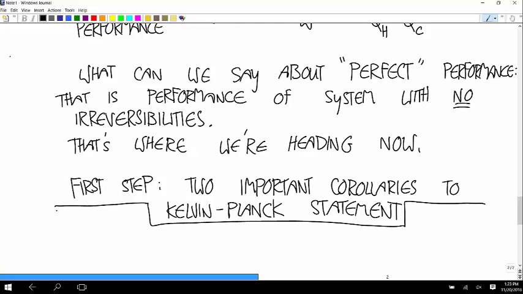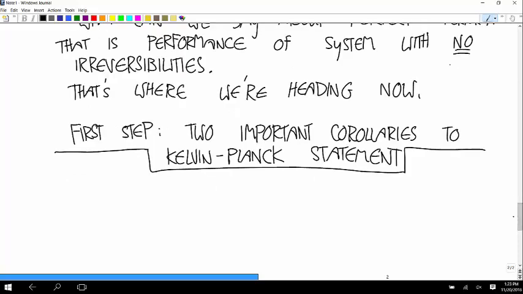Okay. It turns out, and again, I'm not going to go into the proof, but these proofs are all like a page or less in a textbook. The first one is that no matter how you design a reversible cycle, power cycle, refrigeration cycle, the performance is the same.